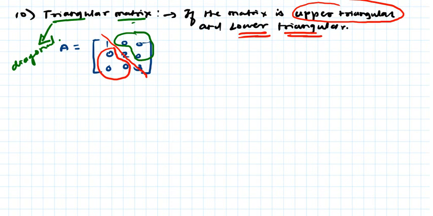Okay. Now the next thing is the symmetric matrix. What does symmetric matrix mean? Which matrix will be called the symmetric matrix? Here you need to understand the concept. Suppose I take one matrix like this.